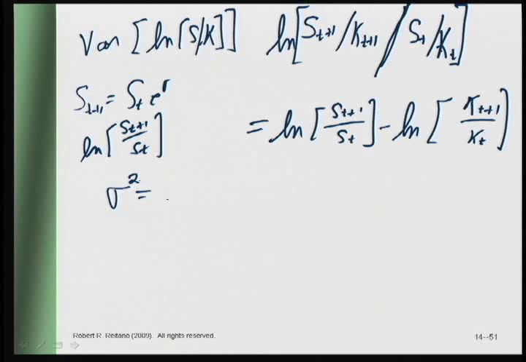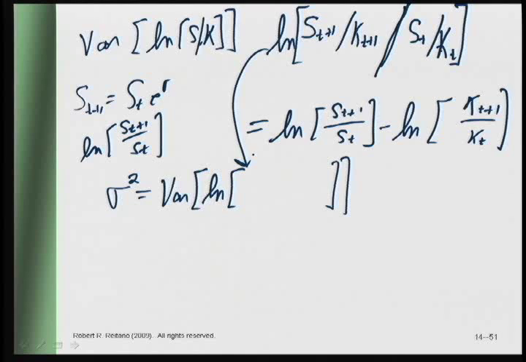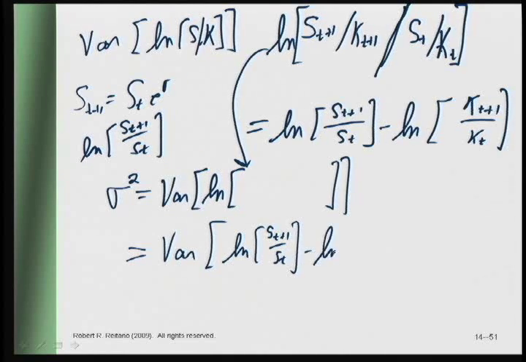The variance we're looking for is the variance of these multiple log ratios, this term here. And by this expression, it's equal to the variance of the log ratio of S and the log ratio of K.